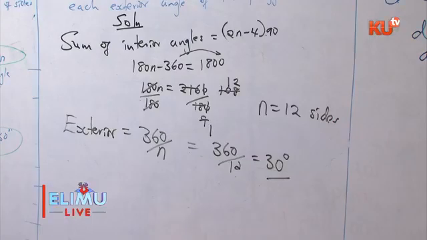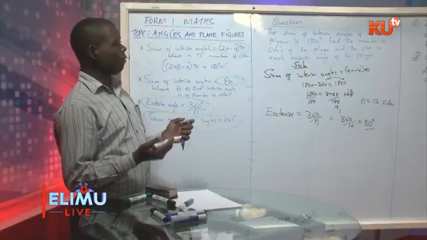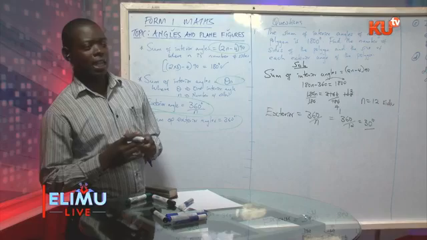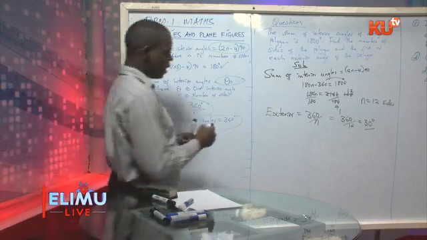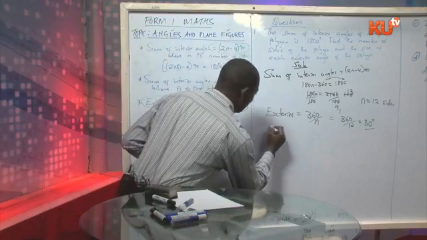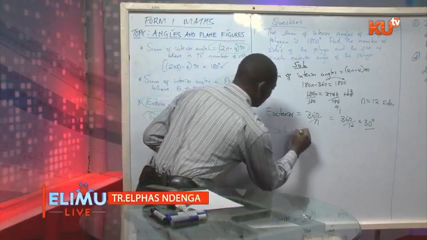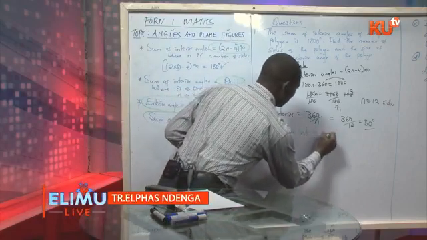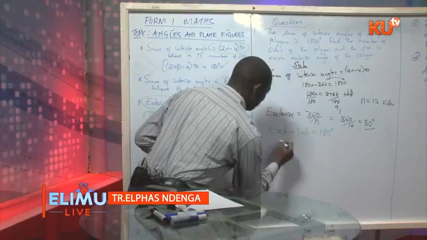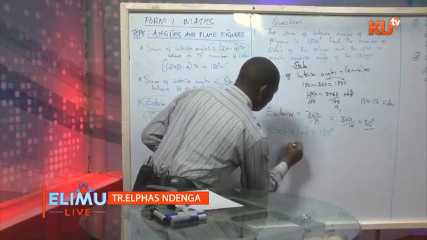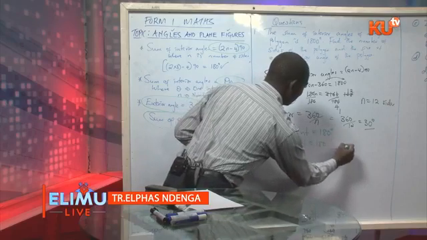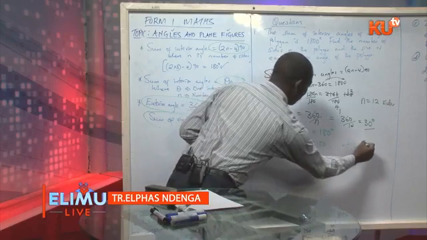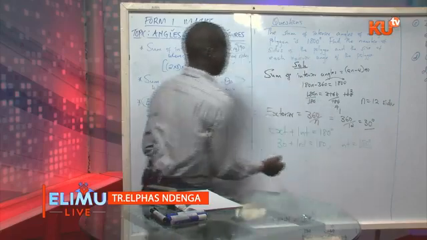Now, assuming we brought in a case to say we find the interior angle, then what will be the case? If we are asked about the interior angle, then we'll say the exterior plus interior is 180 degrees. So this will be 30 plus the interior equals 180, implying that the interior angle is 150 degrees.